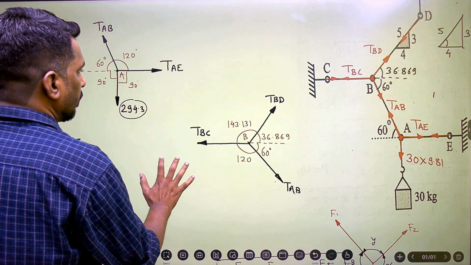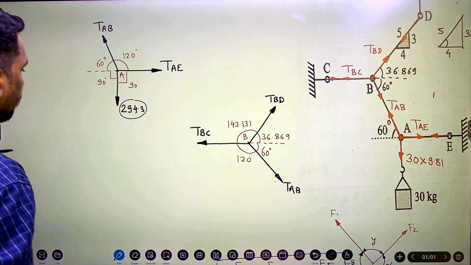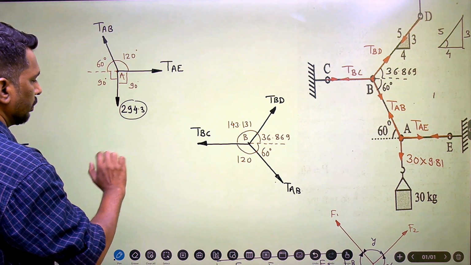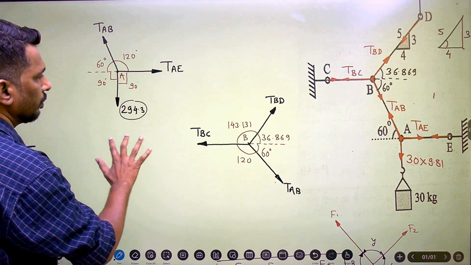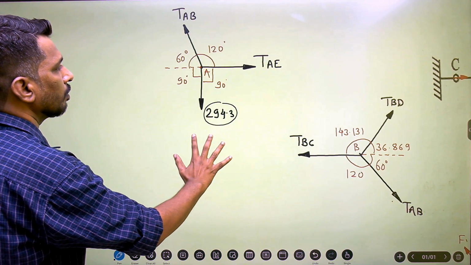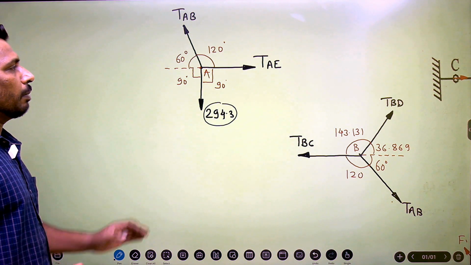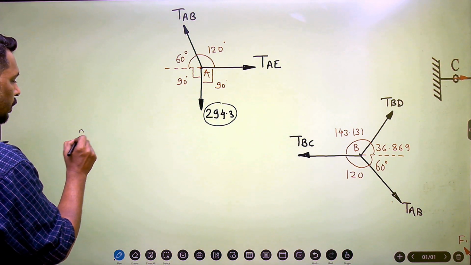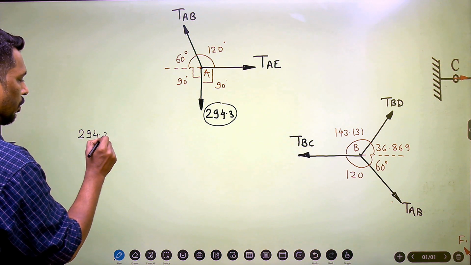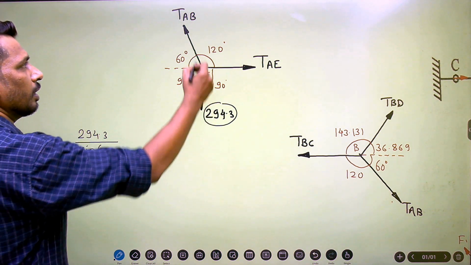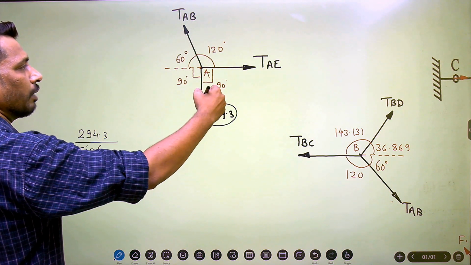So here, if I want to apply the Lami's theorem, the equation will be like this. Now I'll apply Lami's theorem over here. So first I'll start with the known force, that is 294.3 divided by sine of angle between other two forces. So it is sine 120.